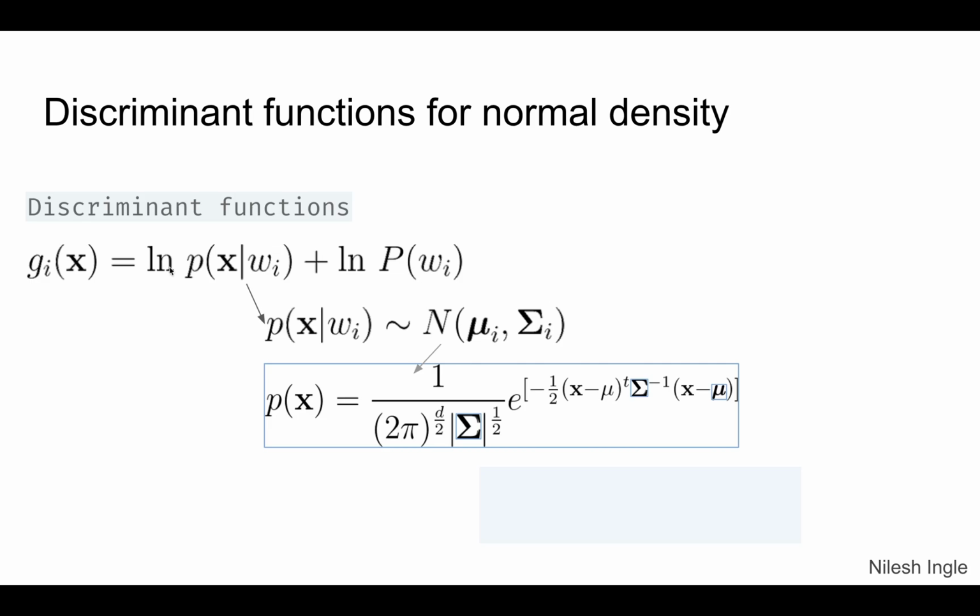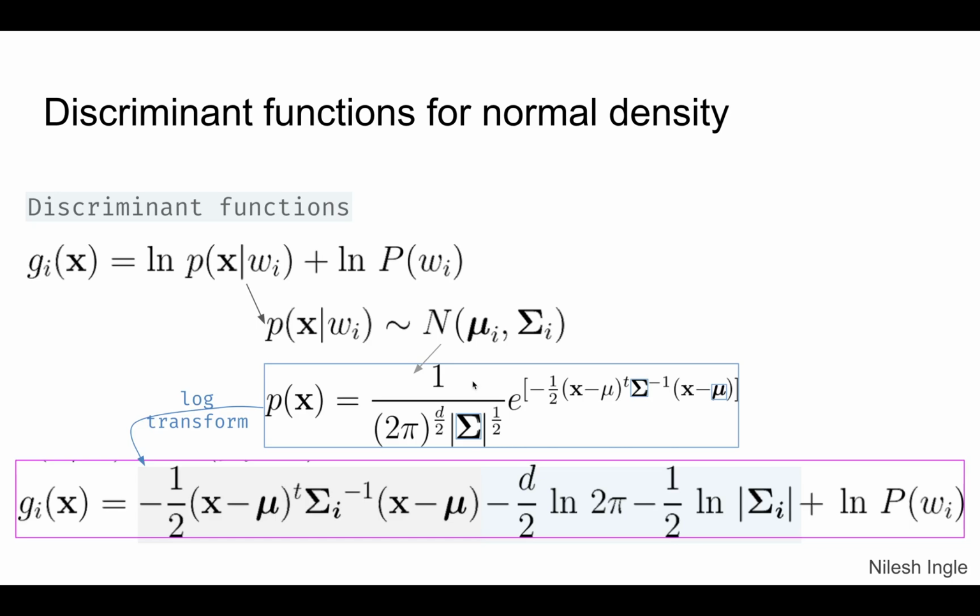Now, this conditional probability here, the likelihood, can be represented by this particular distribution, which is again in turn given by this formula down below, and that can be used to compute this large relation that's shown here in the magenta outlined box, and that is what we'll use in the coming slides to see how we can get the discriminant function values.